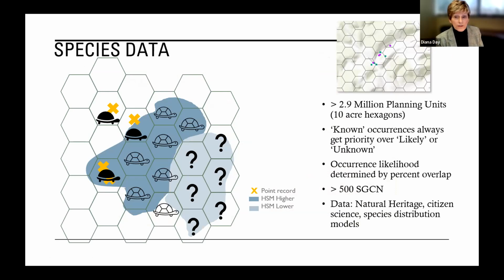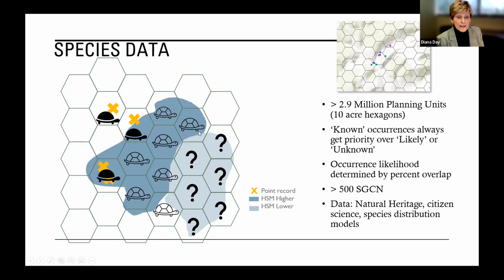To each of these hexagons is embedded the species and habitat information and other information relevant to the tool. The reason for this is to expedite retrieval when you're getting databases that are now over 600,000 records. Retrieval could take quite a while, so this really expedites retrieval of the data.